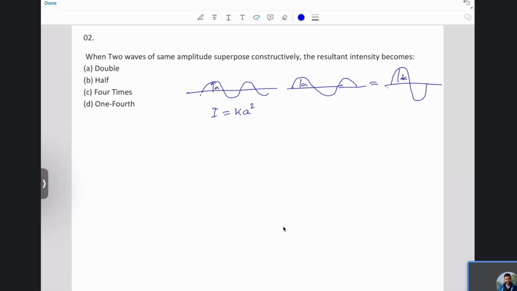So for each of these waves, the intensity is k a squared, right? And since the amplitude becomes double, the resultant amplitude is 2a, squared. So finally you have 4 k a squared, right? So intensity becomes 4 times. It's also a simple problem.